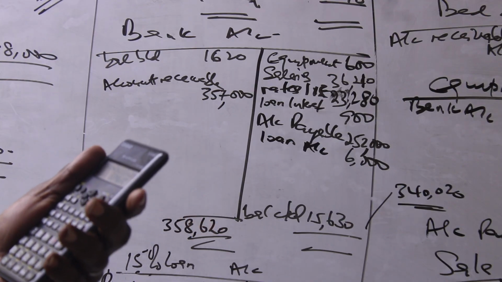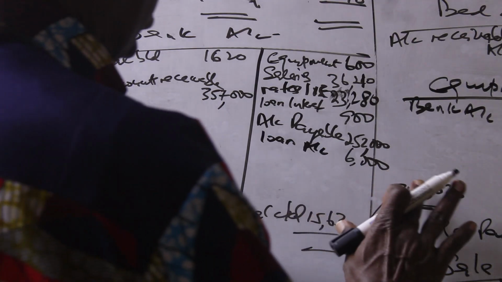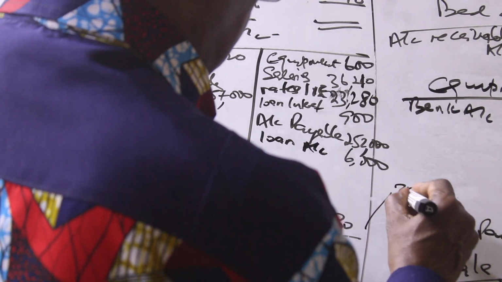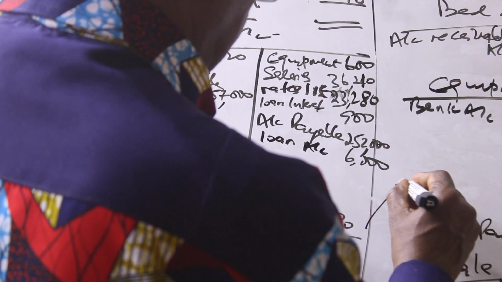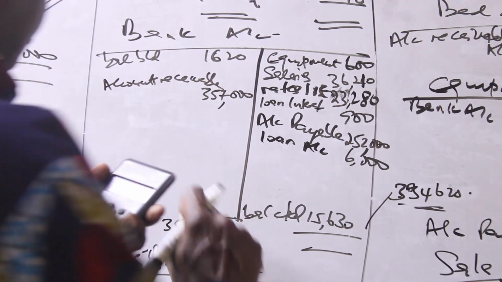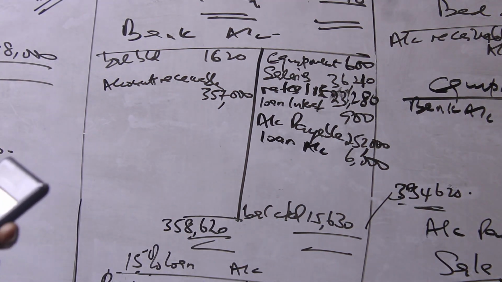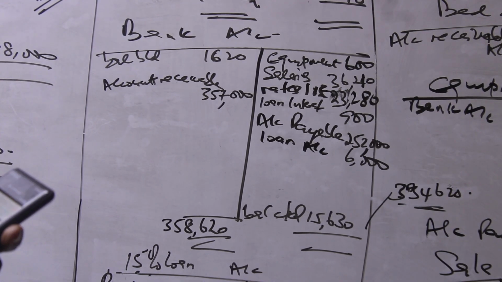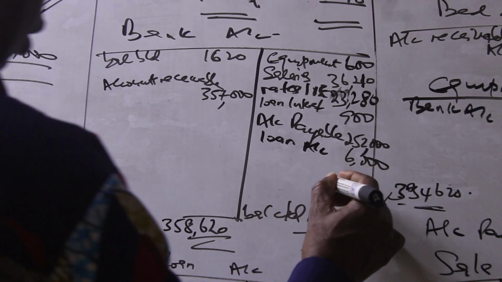We get a total of 334,620. You subtract from 358,620. We get a balancing figure of 24,000.